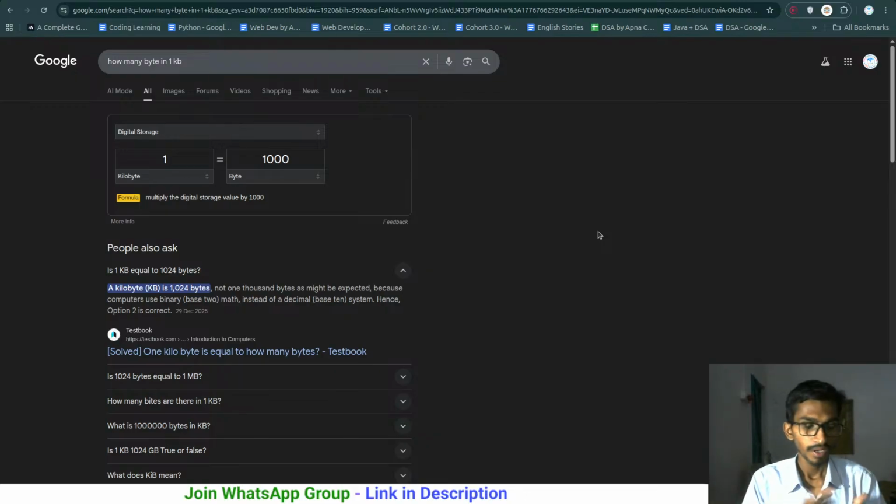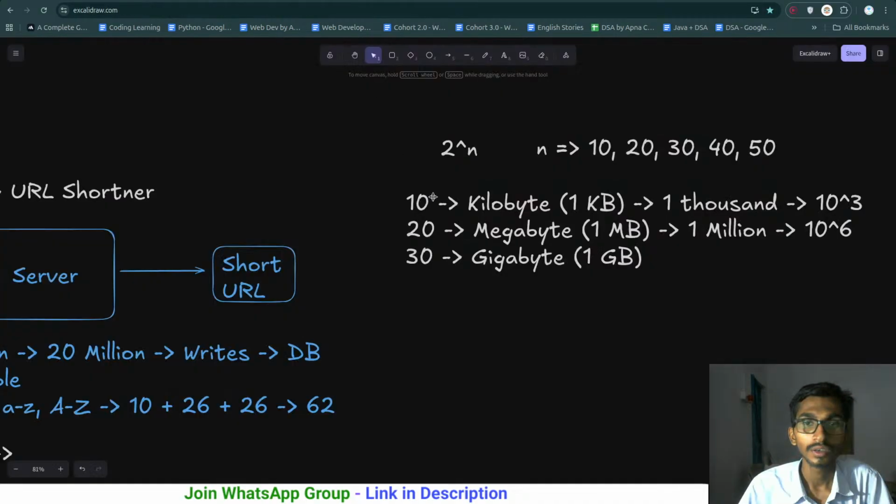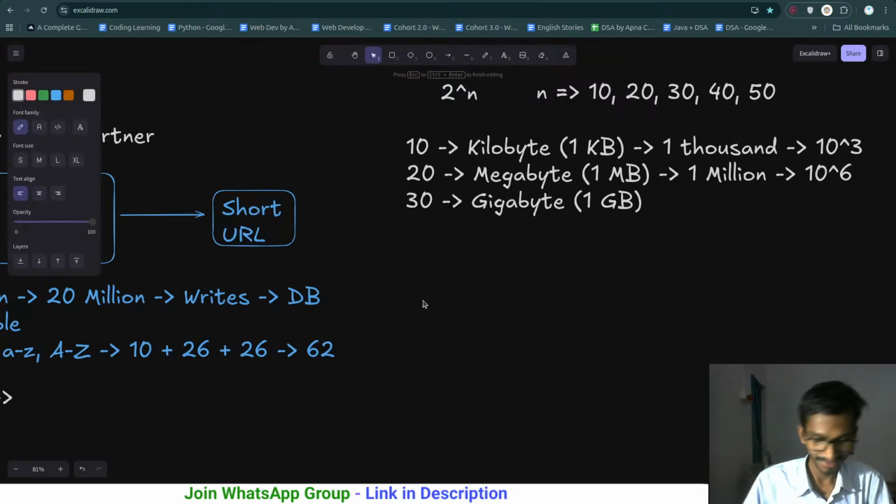So 1024 bytes equals 1 KB. Then 1024 KB equals 1 megabyte. 1024 megabytes equals 1 GB. 1024 GB, yeah, that's a good calculation. Crazy stuff, this science.